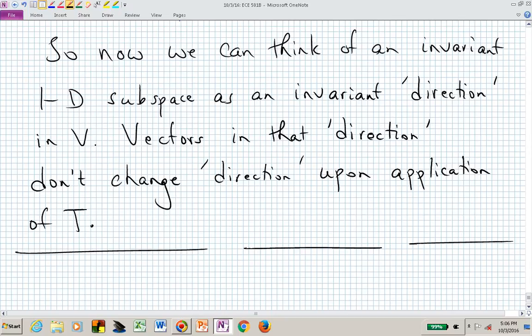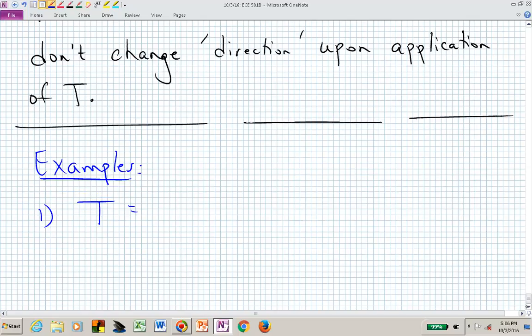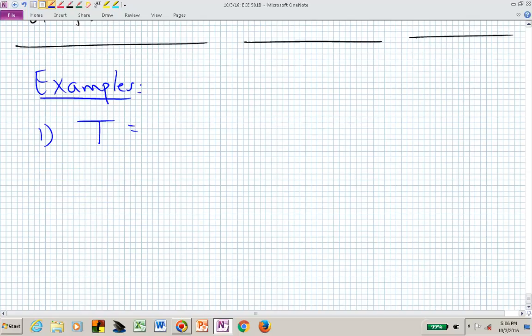Let's look at an example of a possible invariant subspace, or a linear map that has an invariant subspace. Suppose we have a linear map T that is really just a scaled identity map.